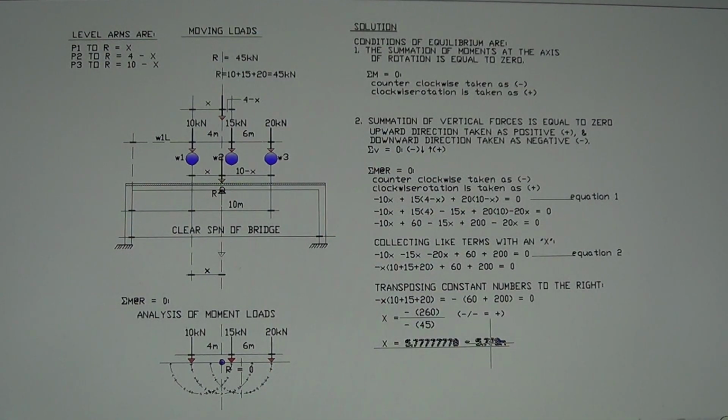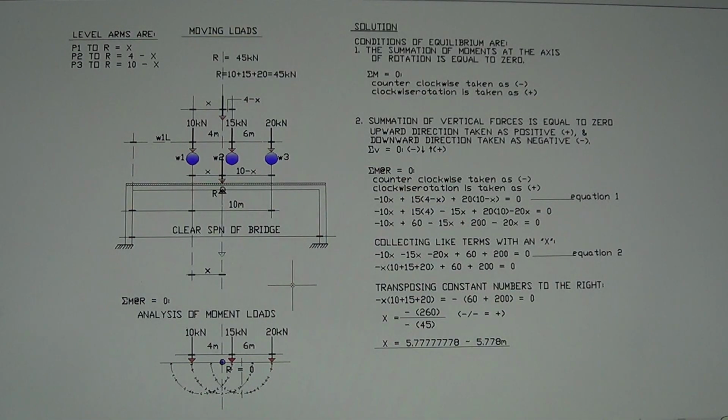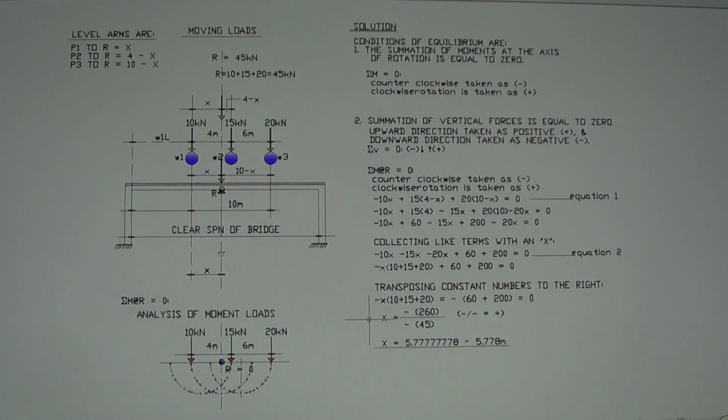You substitute that value of x into any of these equations, and that will be 0 equals 0. Then the wheel loads here are in equilibrium, and x is correct. So when you determine the value of x, okay, so continue here.